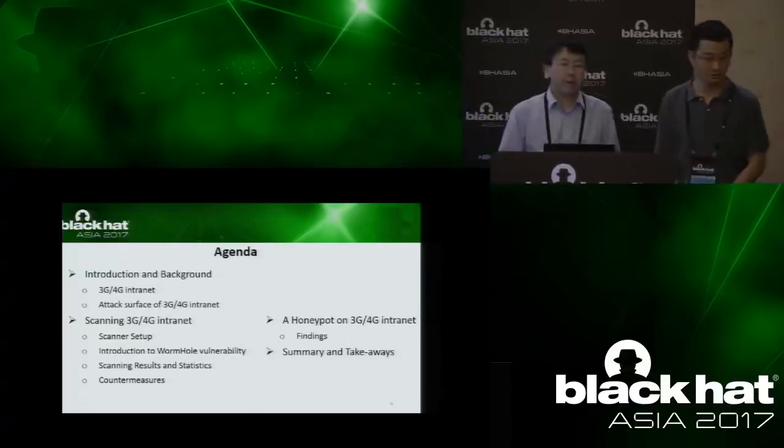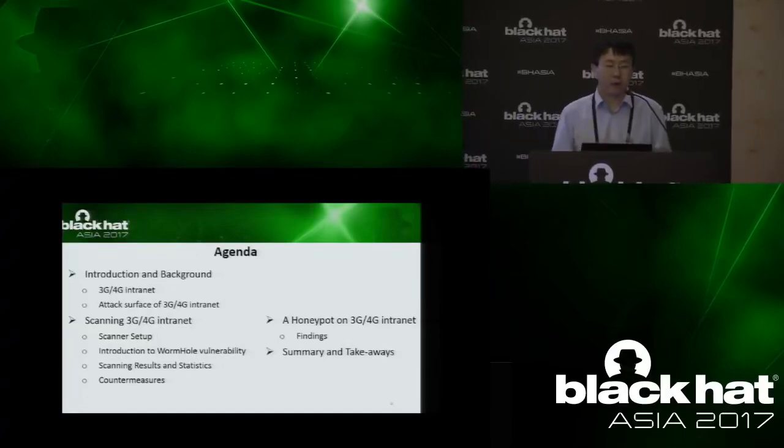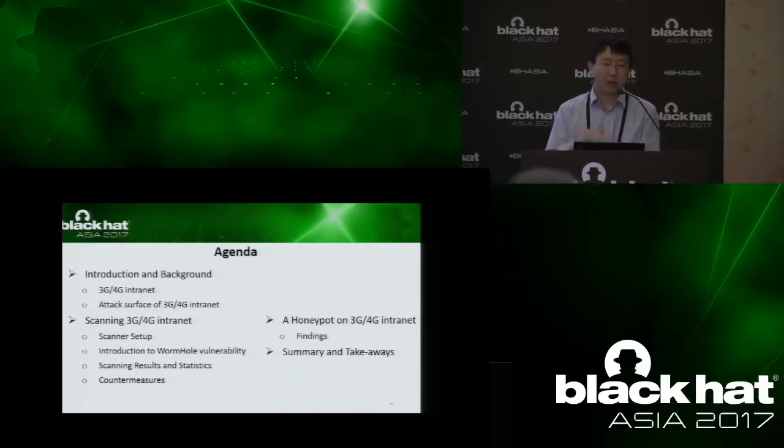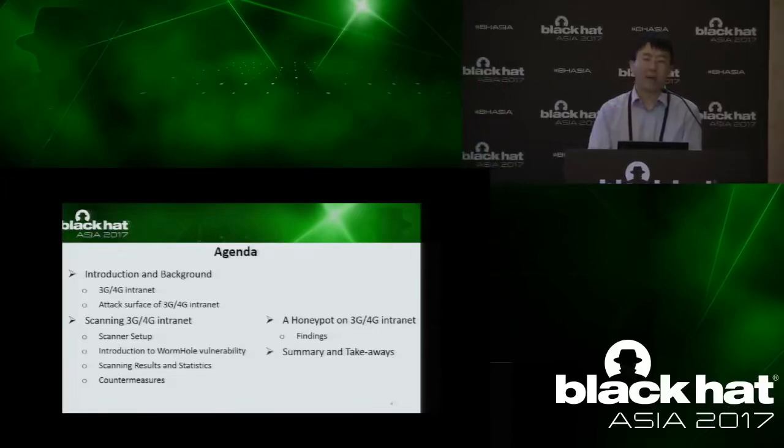Today we are going to give you around four sections. The first one is about introduction and background. Here I will introduce the 3G and 4G intranet and several attack surfaces targeting it. Then I will introduce our network scanning work against the 3G, 4G intranet, including how we set up the scanners and how we apply these scanners to the WormHole vulnerabilities.